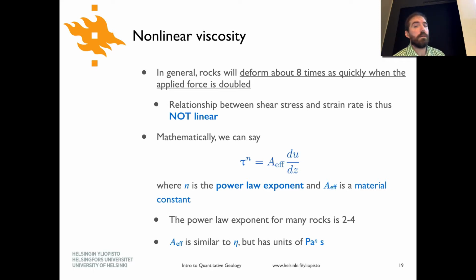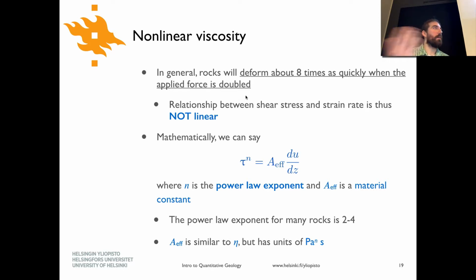So the other thing is, in terms of nonlinear behavior, that rocks basically don't, at the scale of some parcel of rock, when you deform it, it doesn't deform in a linear way, even if you keep the temperature constant. And what we see is that, for instance, what's stated here, that rock generally will deform about 8 times as quickly when you double the force that you apply to it when it's behaving in a viscous manner.